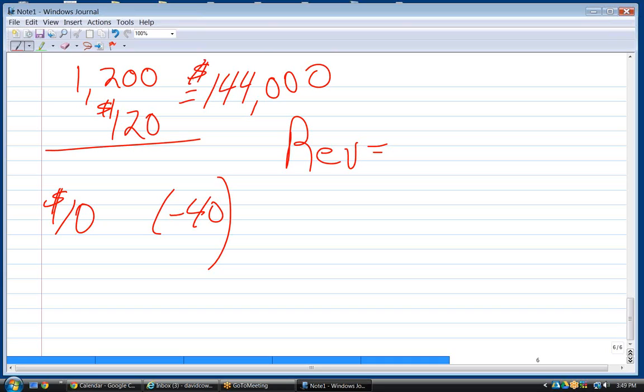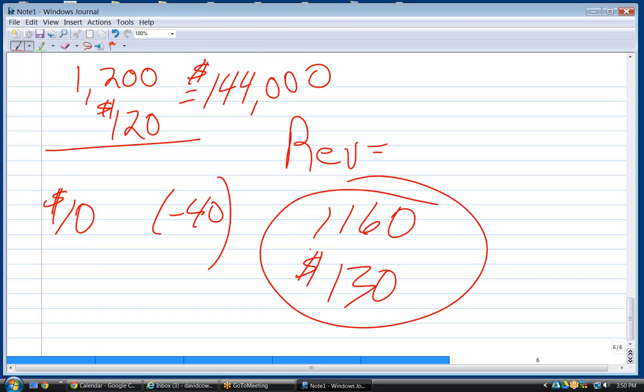Notice that if they change the price of the tickets to 130, now they're going to get 130, but they're going to lose 40 season ticket holders. What is 1160 times 130?